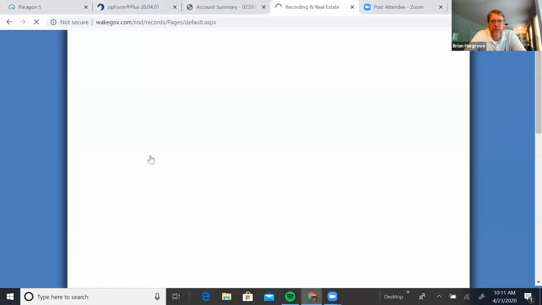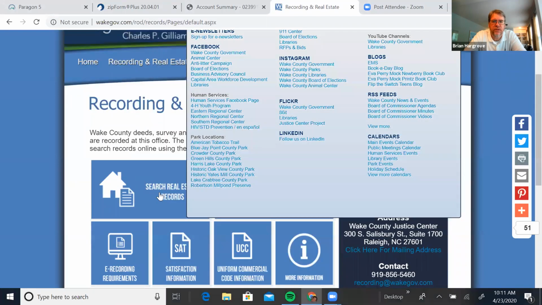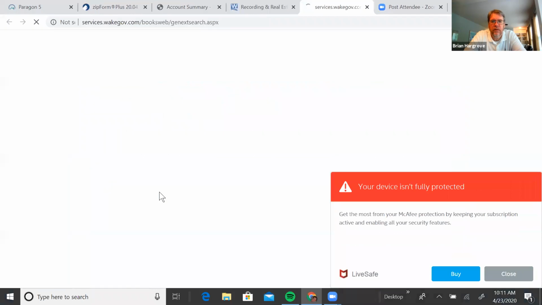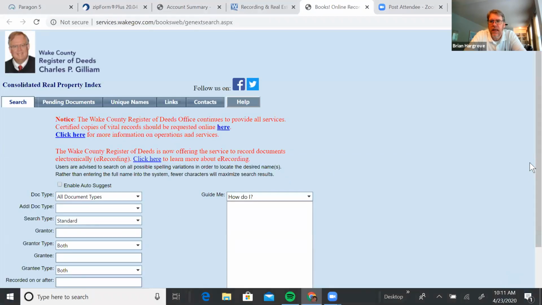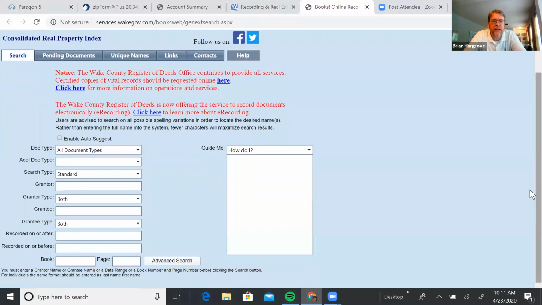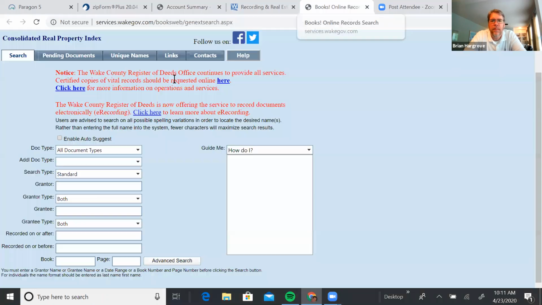And I can go to recordings and real estate, roll down, and then search real estate records. And then down here, the easiest thing you could do really is go back to my summary, where I know the book for this property. I can copy that, and I'll remember 1907 is the page.